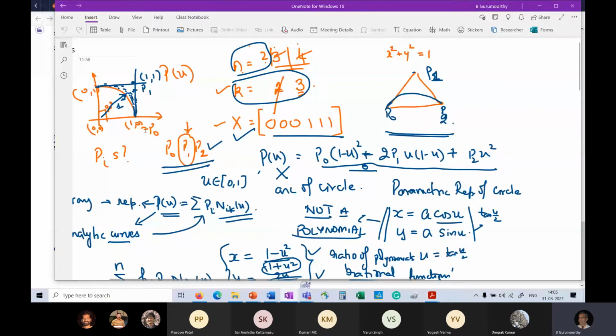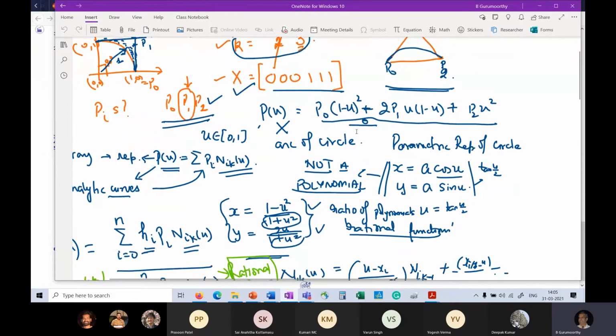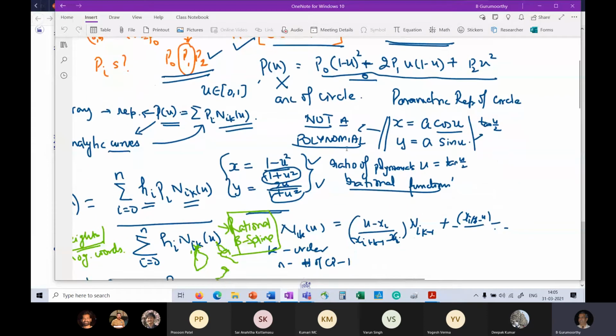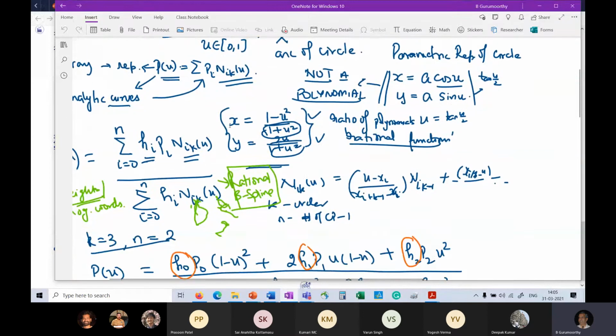In this case, it's an arc of a circle subtending 90 degrees at the center of the circle. And we showed first that the regular spline that we talked about earlier cannot represent this arc of a circle, because the parametric form that we need is actually a ratio of polynomials.